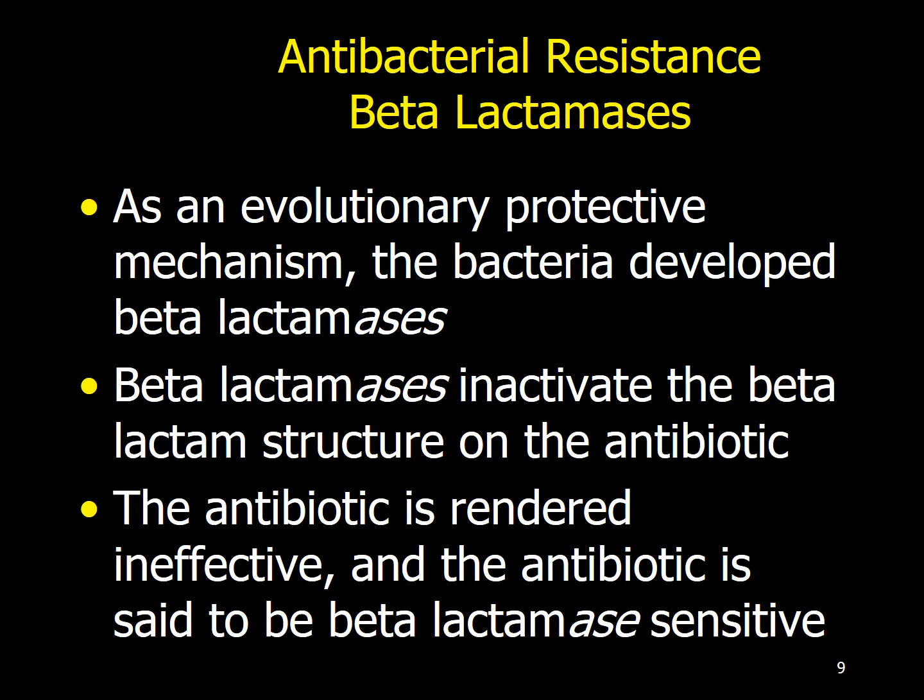The antibiotic will not work. It'll be ineffective. The patient will be resistant to it. And that's it. Patient will expire or maybe just stay sick. The antibiotic is rendered ineffective in the setting of beta-lactamases. When this happens, the patient is resistant to the antibiotic. The antibiotic is said to be beta-lactamase sensitive.